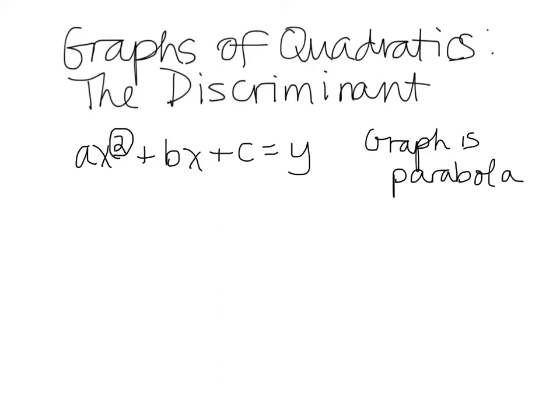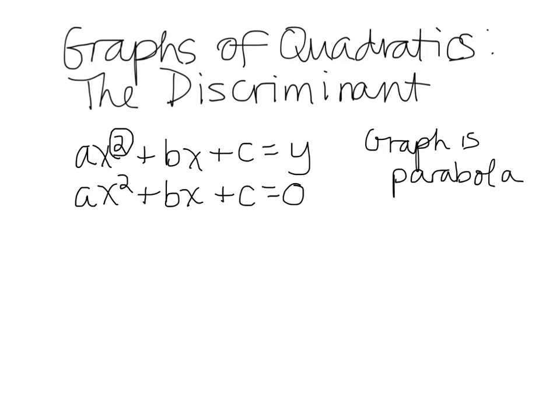Last night, we also learned that when ax squared plus bx plus c equals 0, we can solve the equation using the quadratic formula. We actually have other ways of doing this as well.